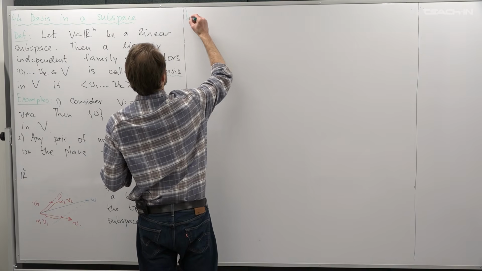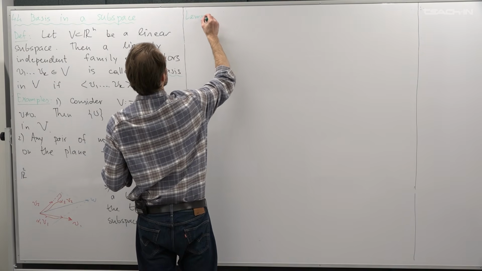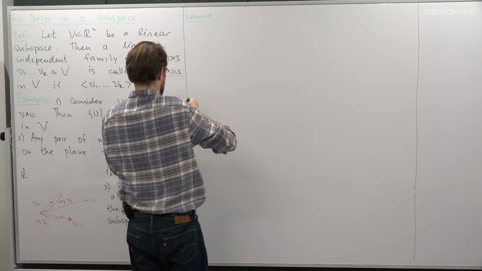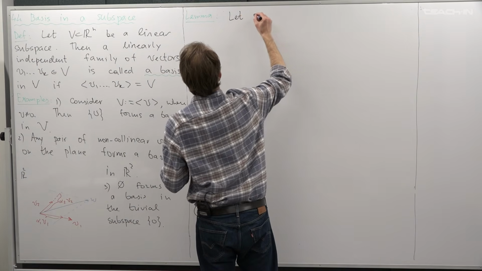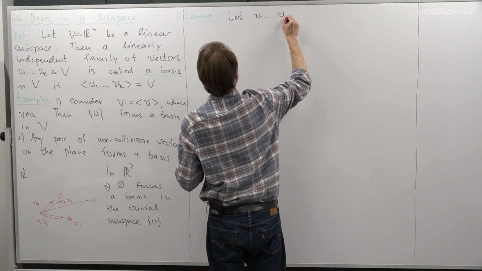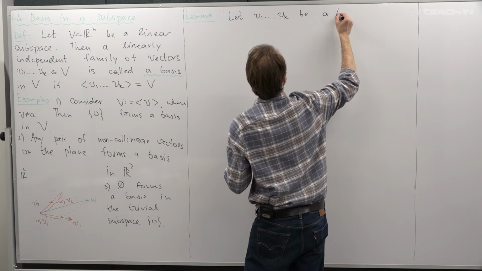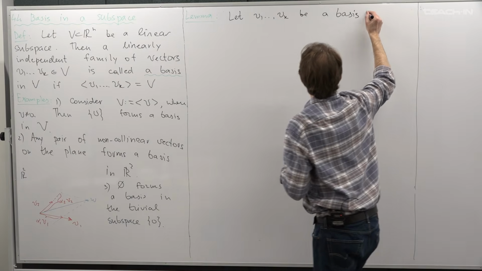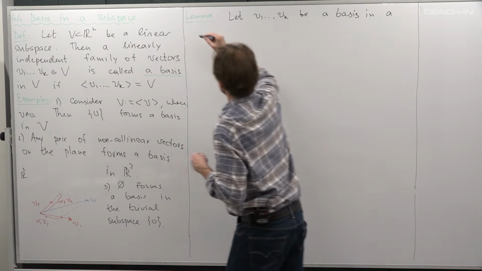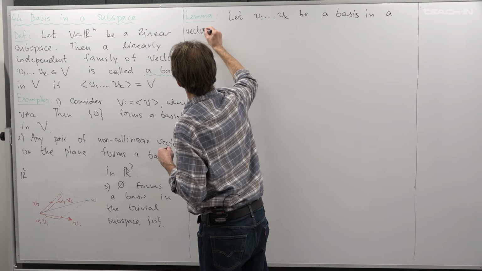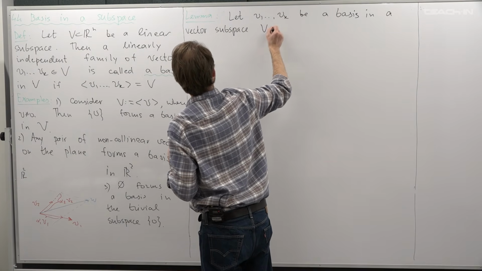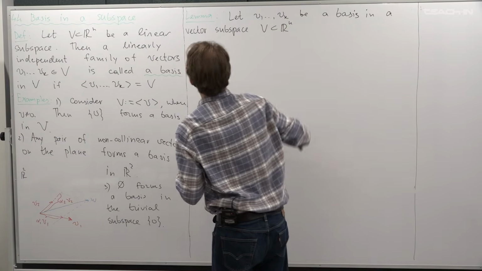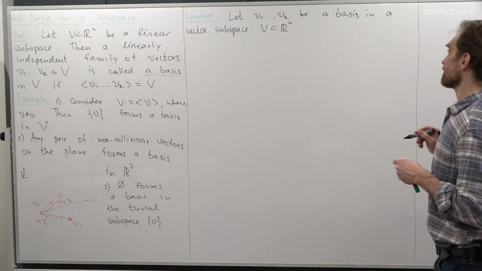So now we're going to prove a very important lemma. Let v1, etc., vk be a basis in a vector subspace V in Rn.